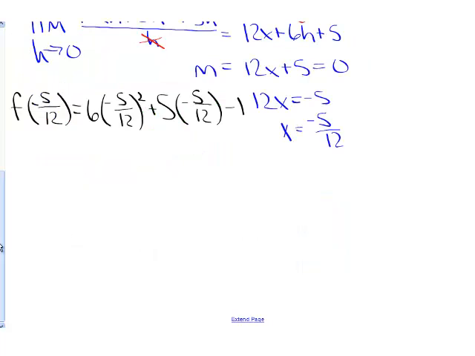And when I punched it into my calculator, I got negative 49/24. So what is my answer to this problem? I need the point. It says find the points where the graph of the function has a horizontal tangent. So at negative 5/12, negative 49/24.